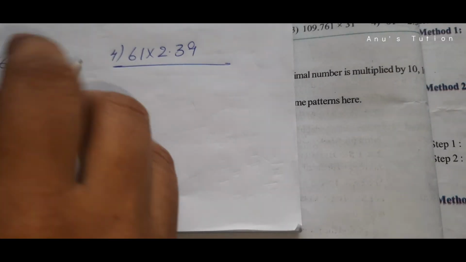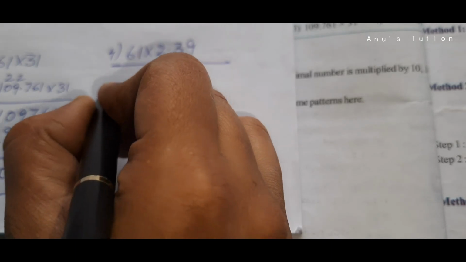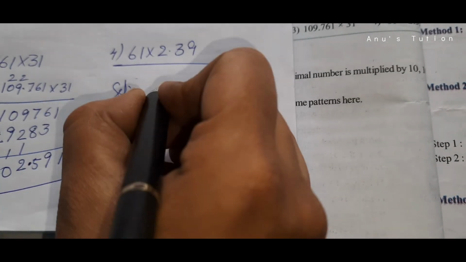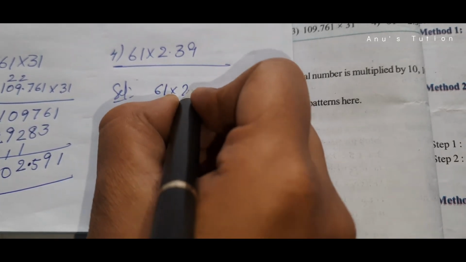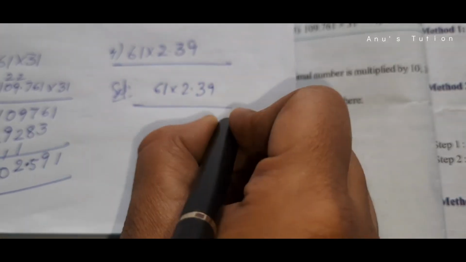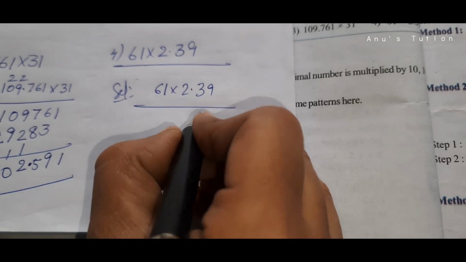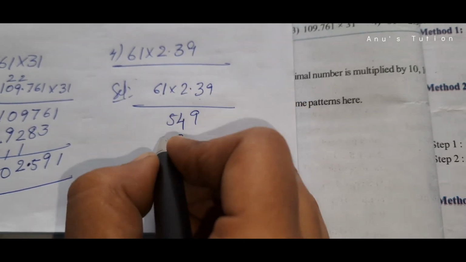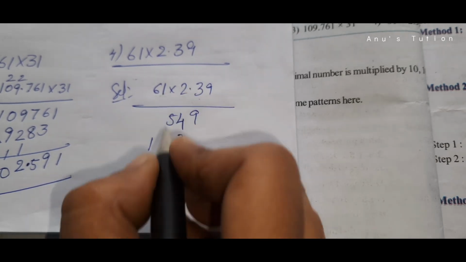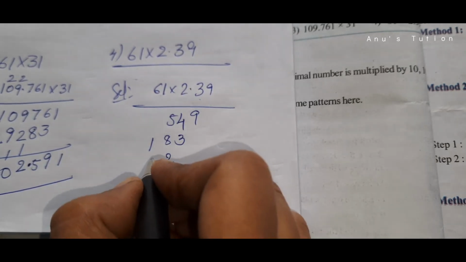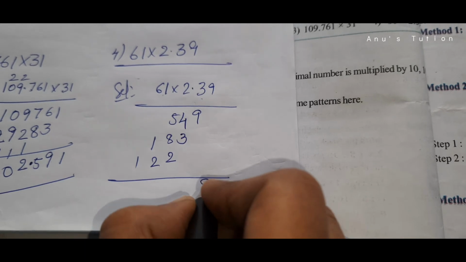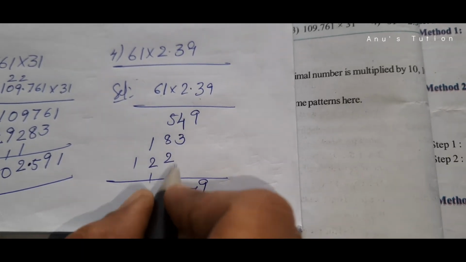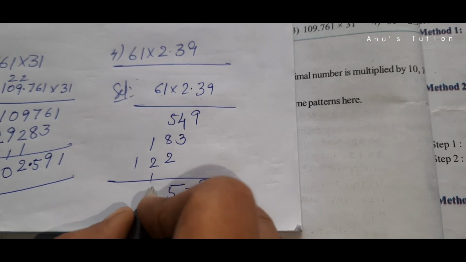Next, the fourth one, 61 into 2.39. First, 9 ones are 9, 6 9s are 54, 3 ones are 3, 6 3s are 18, 2 ones are 2, 6 2s are 12, 9, 7, 15, 15, 4, 1.